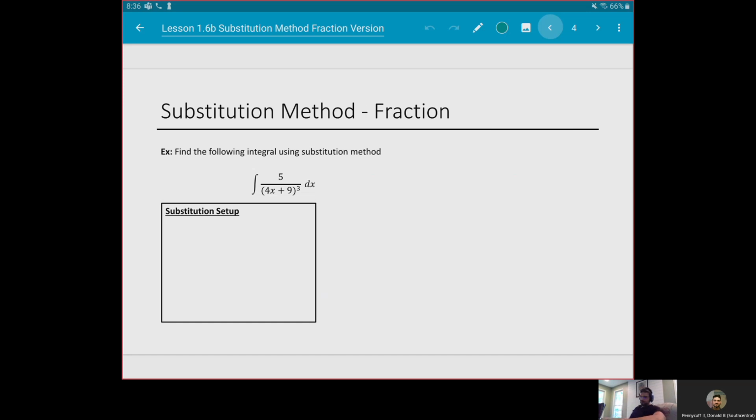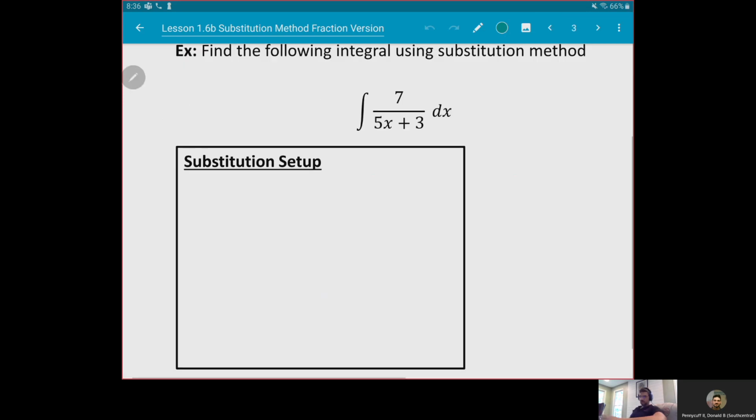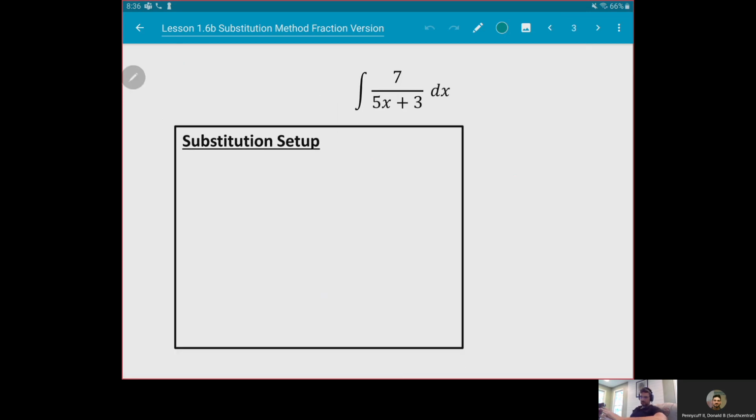Okay, so typically, if you've got just a regular fraction, no exponent situation, you're going to get rid of the entire bottom of the fraction. So right here, I'm going to let this entire denominator be removed.